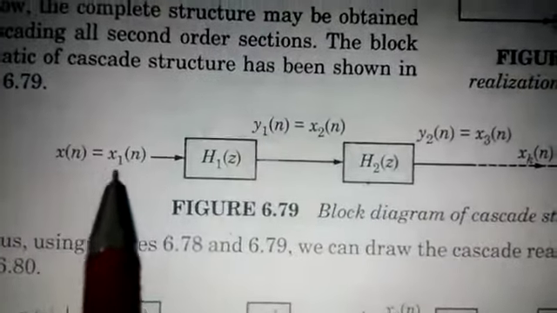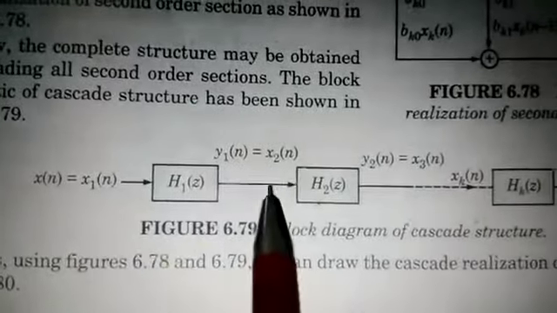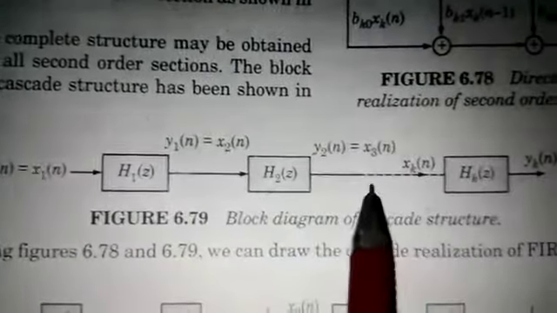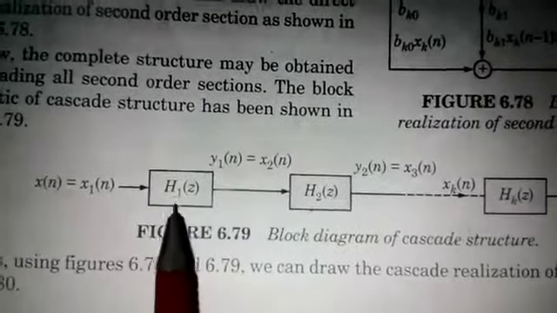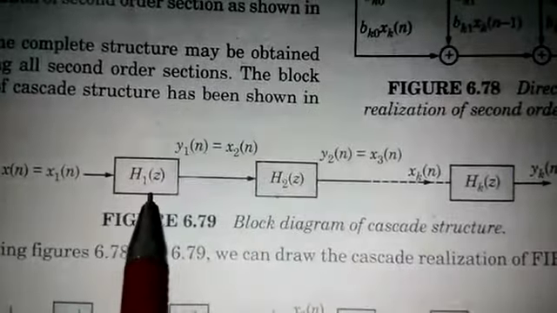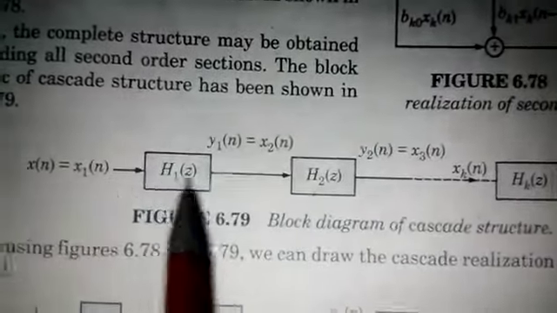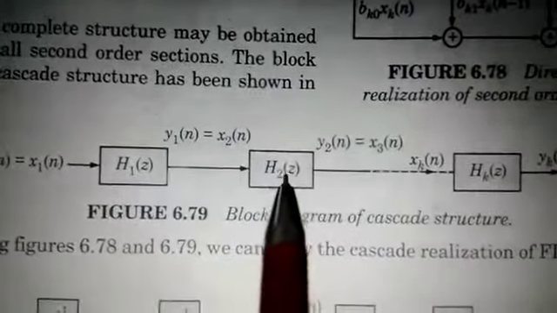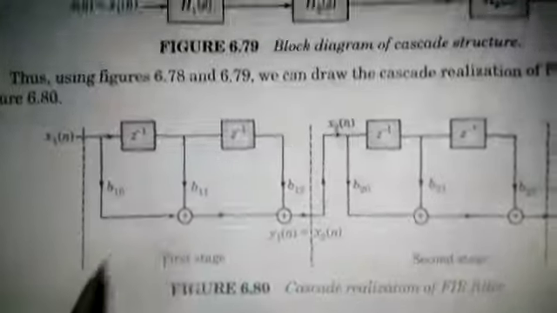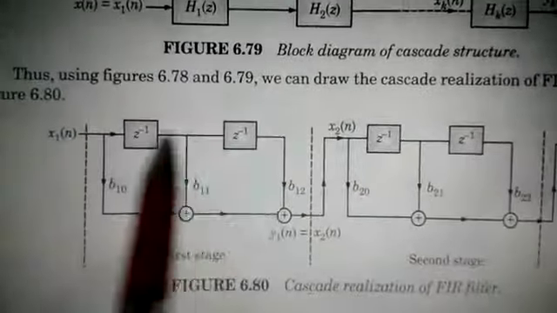This is x of n equal to x1 of n into x2 of n into x3 of n and so on. That is h1 of n into h2 of n and h3 of n. H of z is equal to h1 of z into h2 of z into h3 of z.